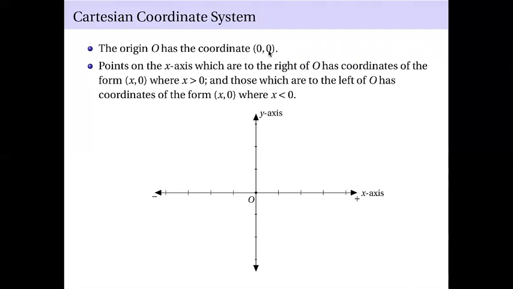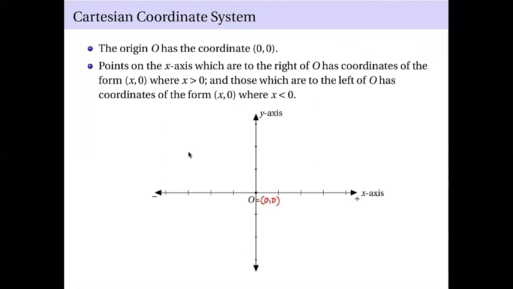So the origin here is labeled as 0, comma 0. The 0, comma 0 gives the location of that origin relative to your x-axis and y-axis.